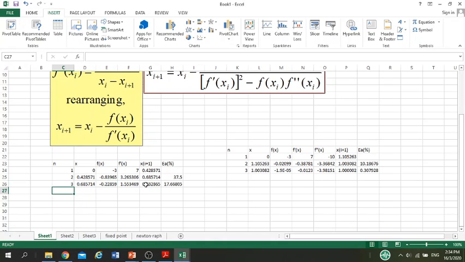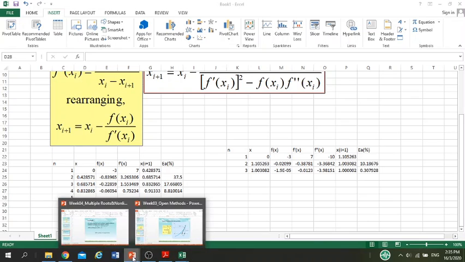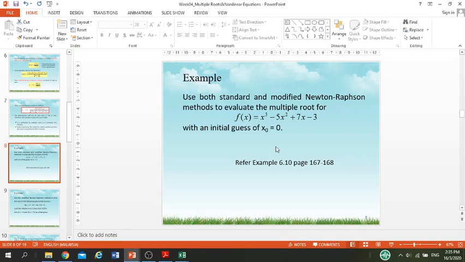So we can continue on with the fourth iteration. Right, so we have to keep repeating this until we reach 0.0% of approximate error.